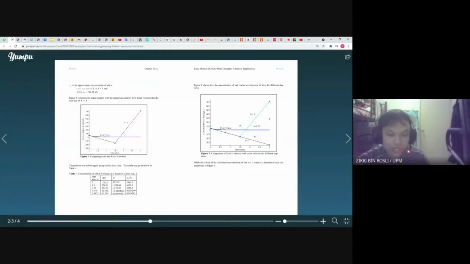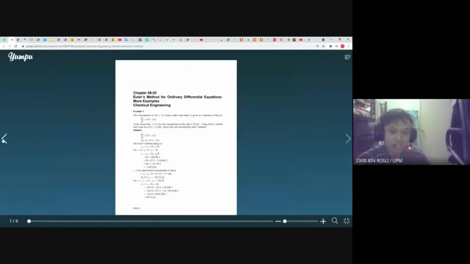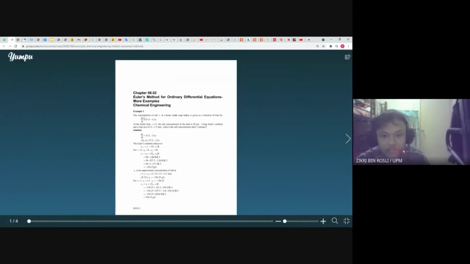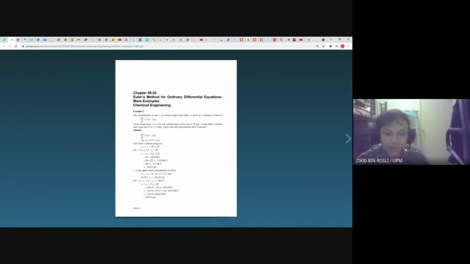First I will show the source we have found, which is in chemical engineering, that uses Euler methods for ordinary differential equations. The example given is the concentration of salt X in a homemade soap maker, given as a function of time by dx over dt equals 37.5 minus 3.5x.